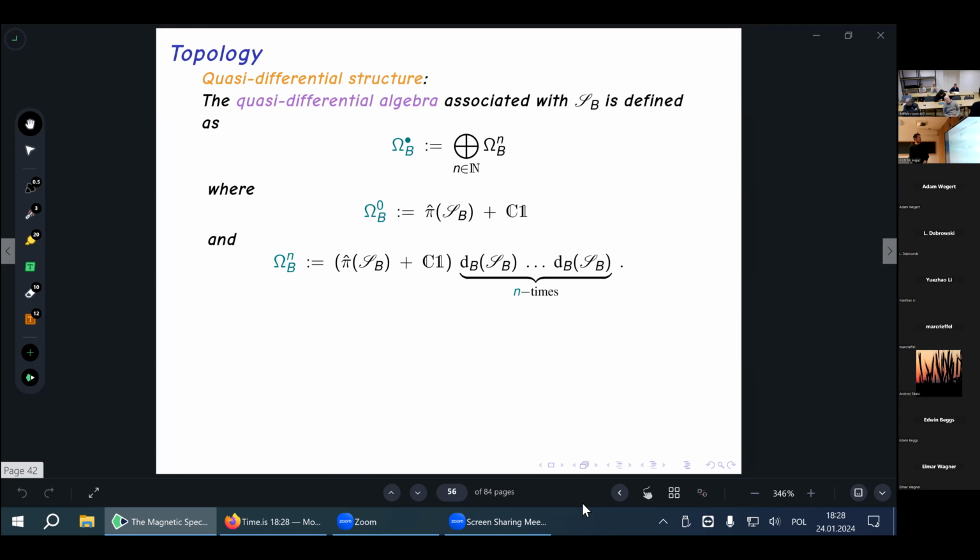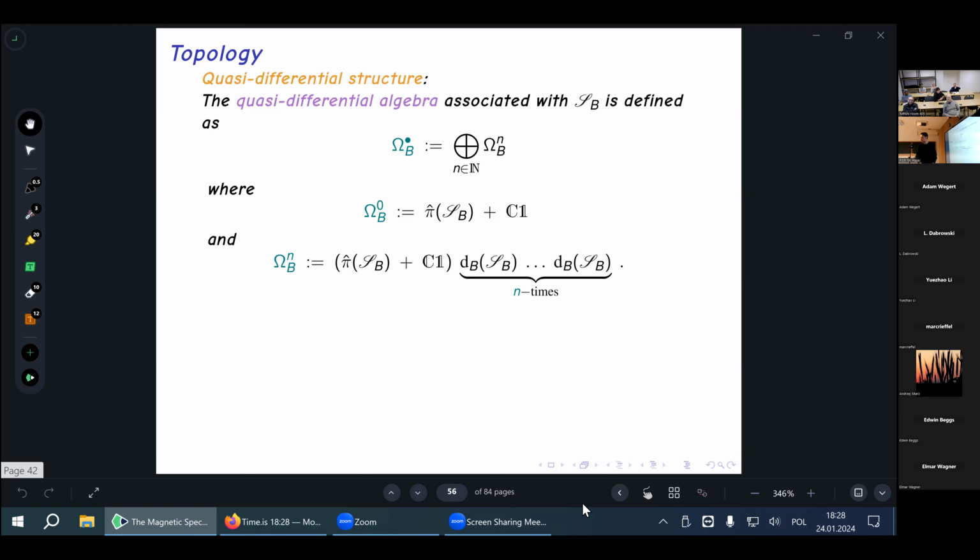Now, as usual, I would like to construct my brother algebra, the de Rham homology in some sense. I define the 0 cochain as the representation of my star algebra plus the identity. The n cochain as just the 0 guys plus n differentials.